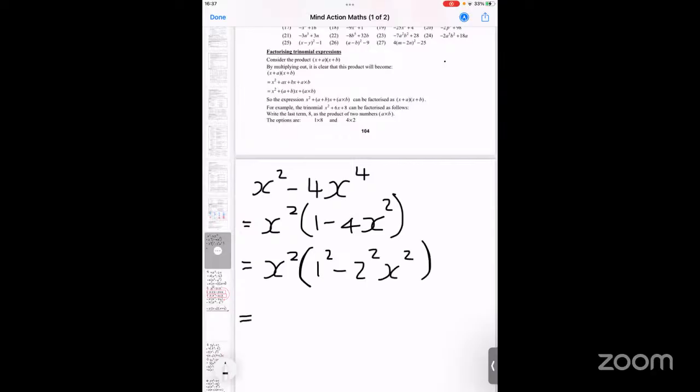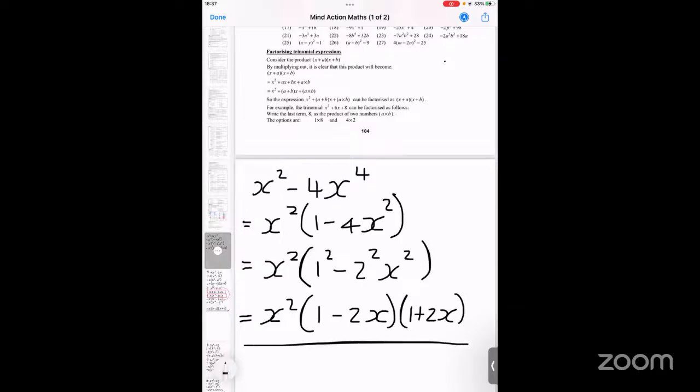Next, you write x to the power of 2, open bracket, 1 minus 2x, close bracket, open bracket, 1 plus 2x. Yes, exactly that, honorable member. This is how I would work it out.